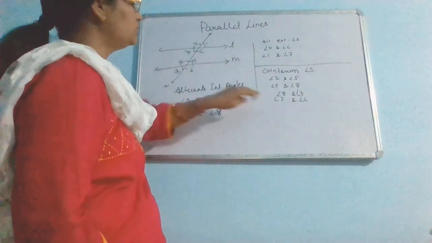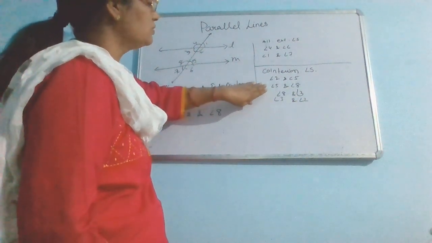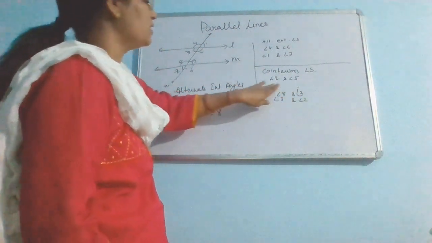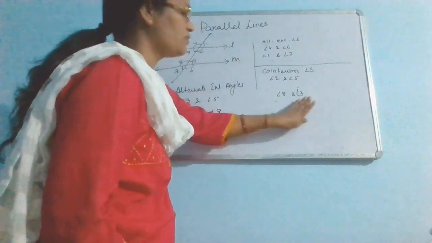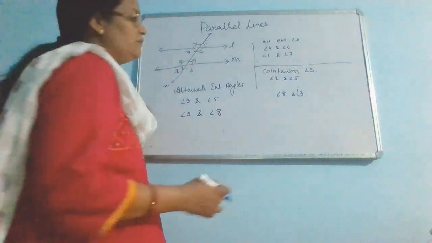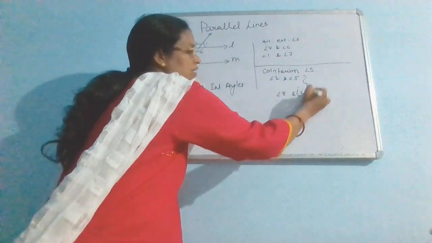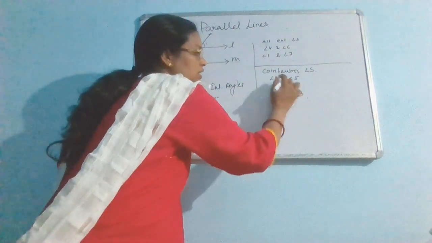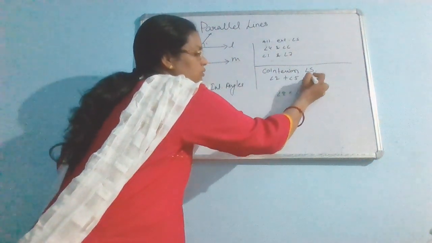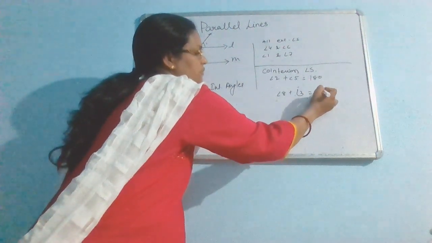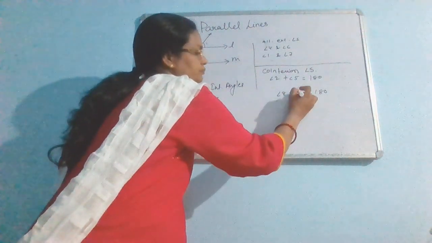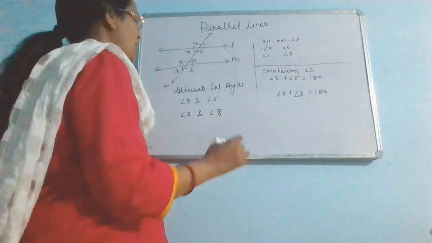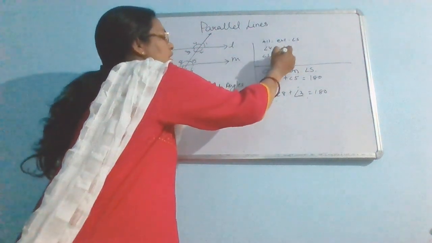So 5 and 8 is obvious, and 3 and 2 is obvious, because these are 180 degrees. So here we can write the co-interior angle sum is always equal to 180 degrees. This is the property. And here alternate exterior angles are equal, as alternate interior angles are.